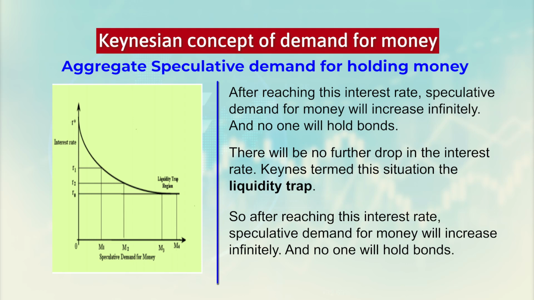This implies that it is infinite. So once it is horizontal, nothing is going to happen on the vertical axis. Whatever happens to the horizontal axis, the money supply or speculative demand for money may go up, but the interest rate will not change, as if the interest rate is trapped at this level. That is why this trap is being done by the liquidity preference of the people of the economy as a whole. So that is why it is called liquidity trap.